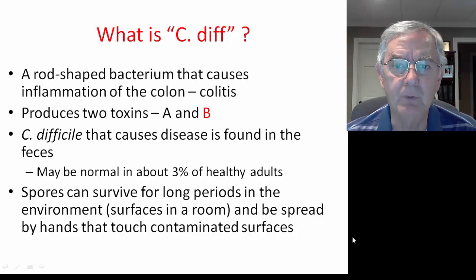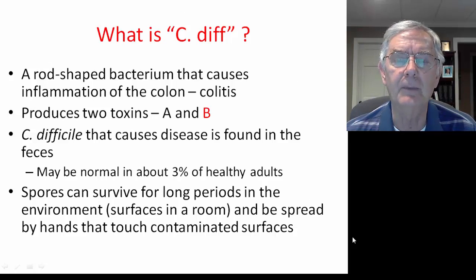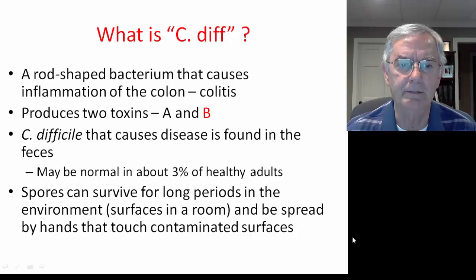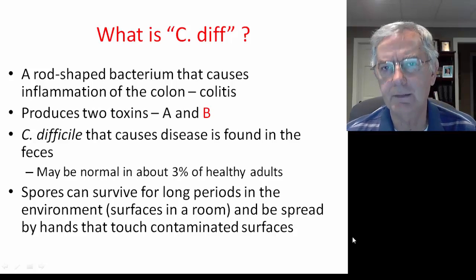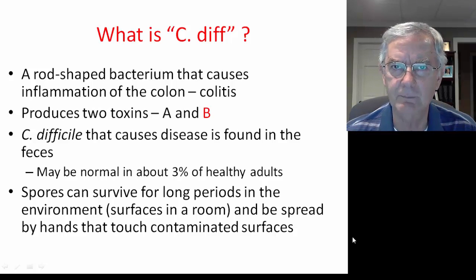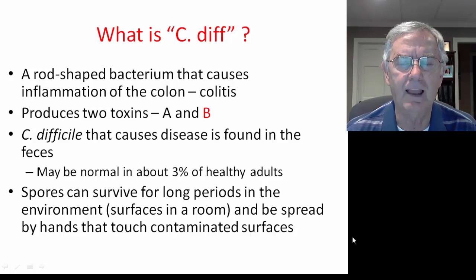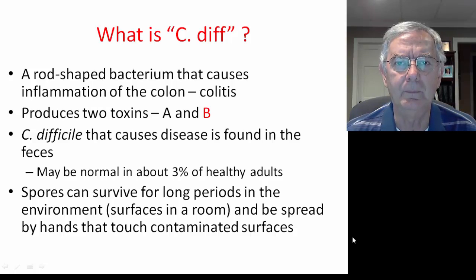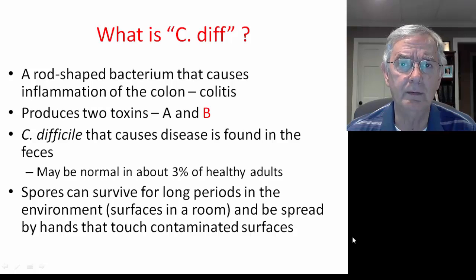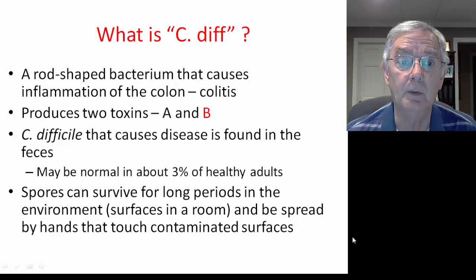This is a rod-shaped organism that causes inflammation of the colon, or colitis. Now, it produces two toxins, a toxin A and a toxin B. And toxin B in this slide is labeled red simply because toxin B may be more important than toxin A, which we'll discuss in just a moment.